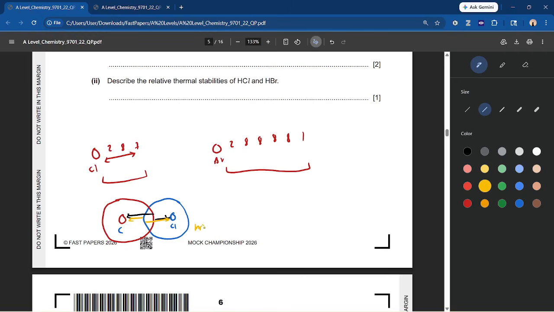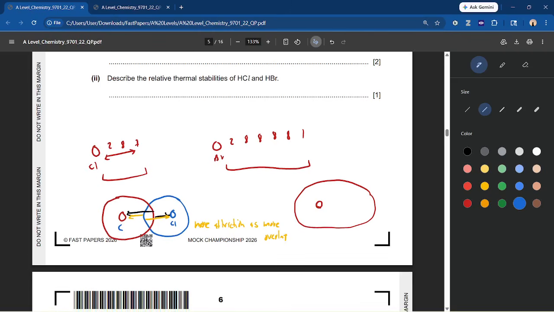So there's more attraction as there's more overlap. Whereas if you take a look at bromine, if I draw the same thing, bromine's outer electron is already far from the nucleus, so there's less overlap. So that's what we're going to write in our answer.